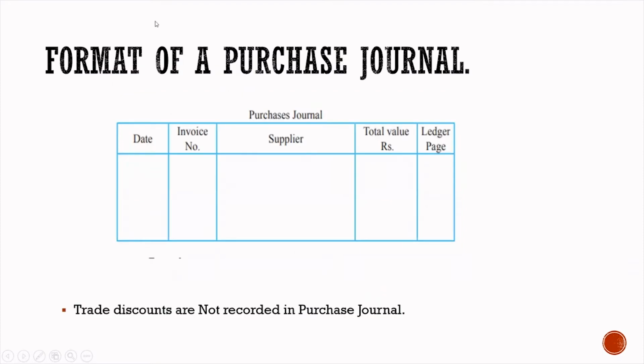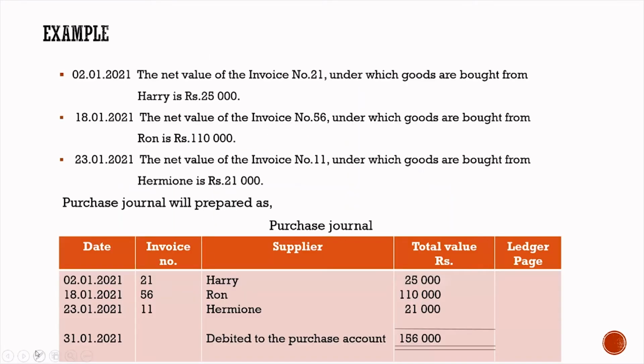So when we are making a purchase journal, this is the format we have to have: the date, the invoice number, the particular supplier's name, total value, and a ledger page. To which ledger page this was taken, right? So as I said before, you have to note that trade discounts are not recorded in purchase journals.